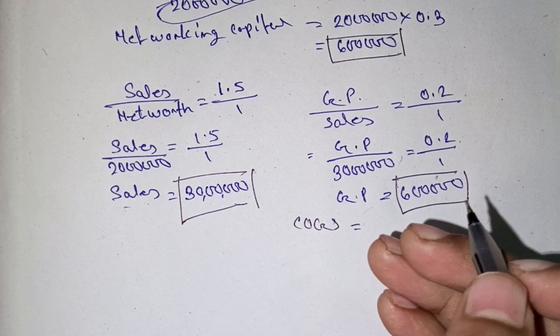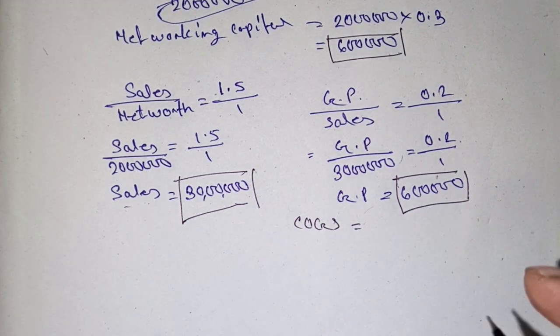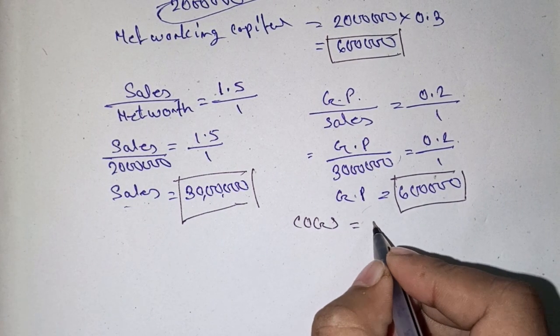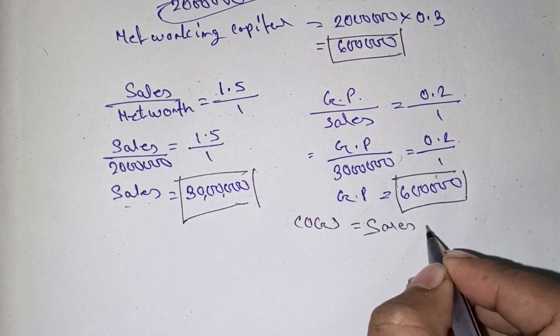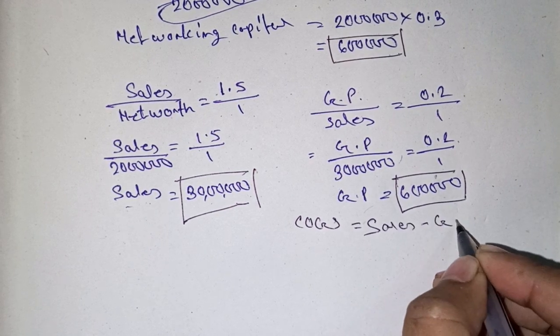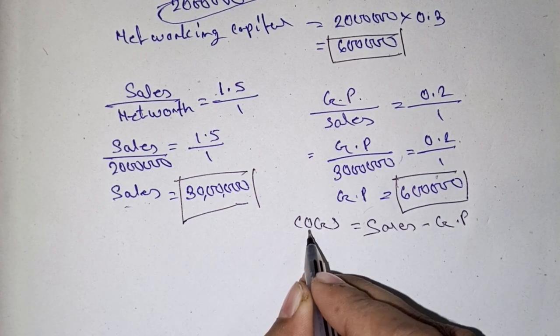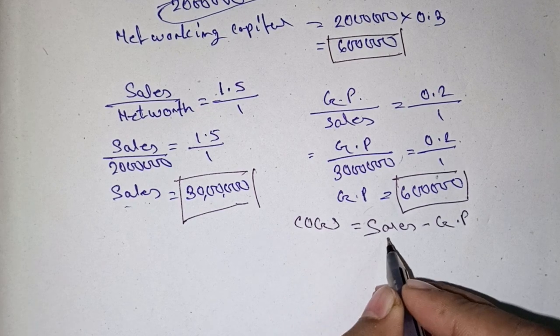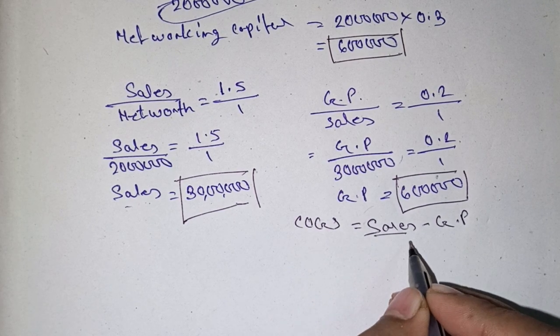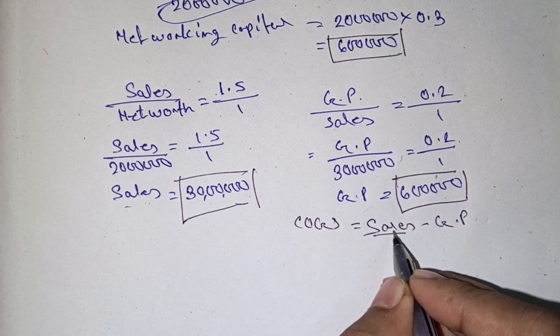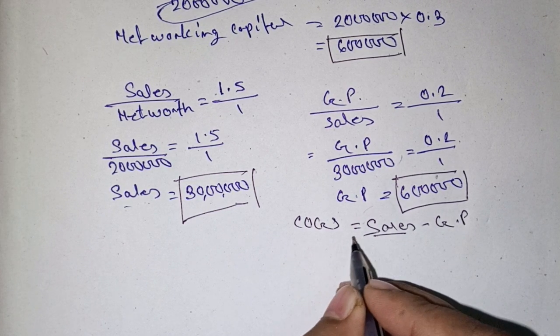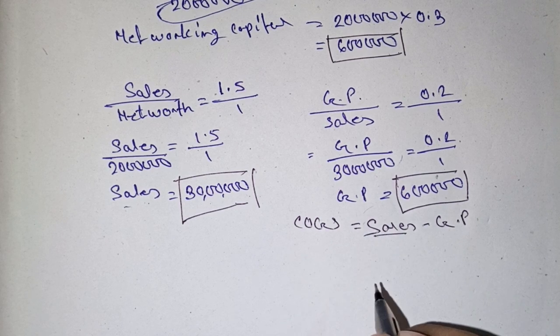So you can say it in another way: sales minus GP is also called our cost of goods sold, because if we subtract our GP from our sales, then we get the cost price of the selling goods.